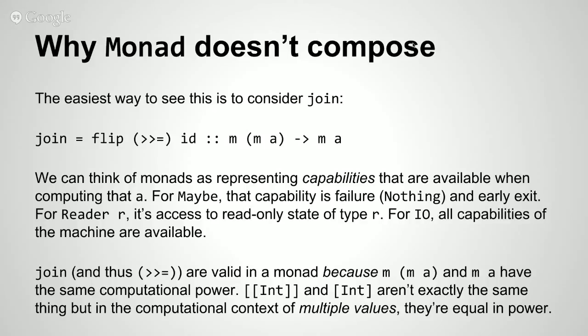The list of lists has more structure. But in the computational context of multiple values, the sort of logical computing, okay, these are the possible values here, these are the possible values here, let's branch out and see where things meet. In the multiple value context, they're the same thing, because a list of lists of ints can be reduced to a list of ints that has all the same values in it.